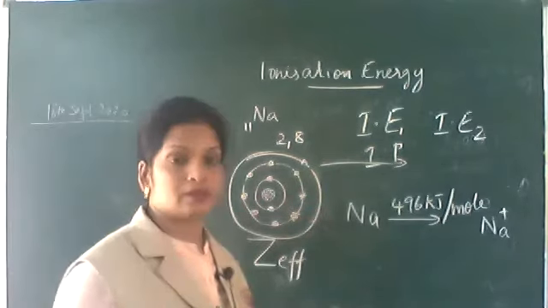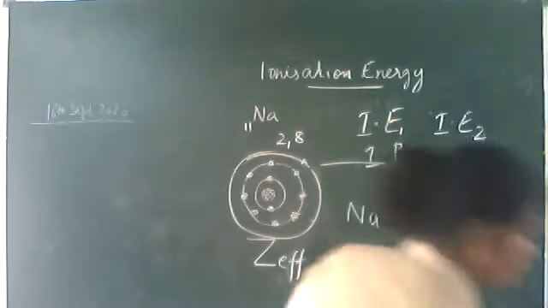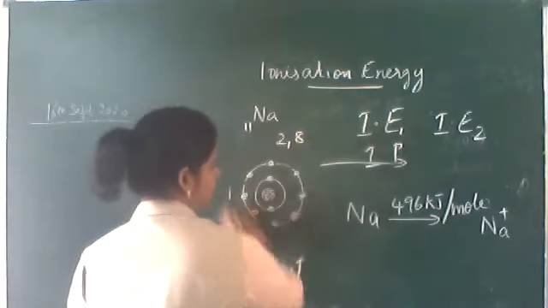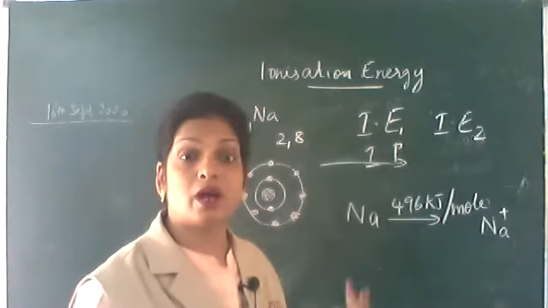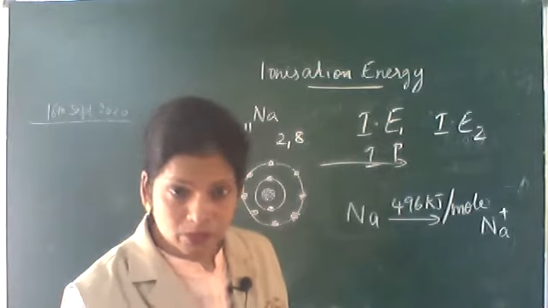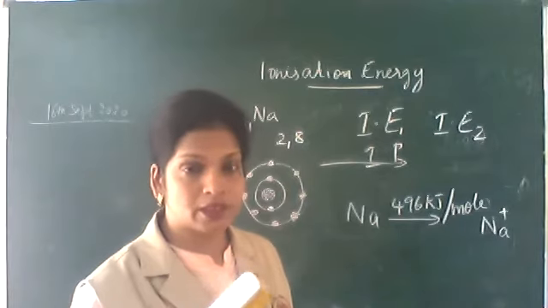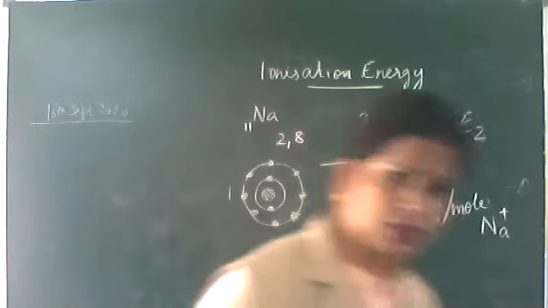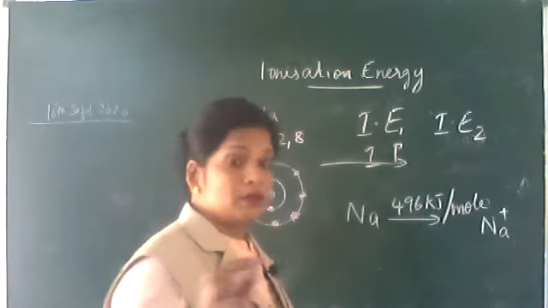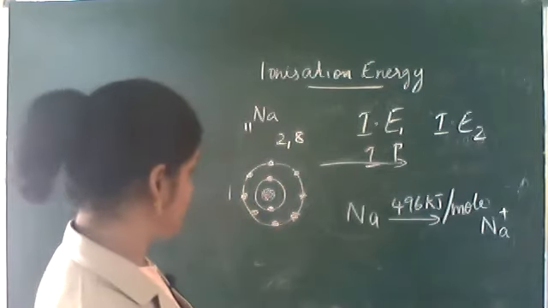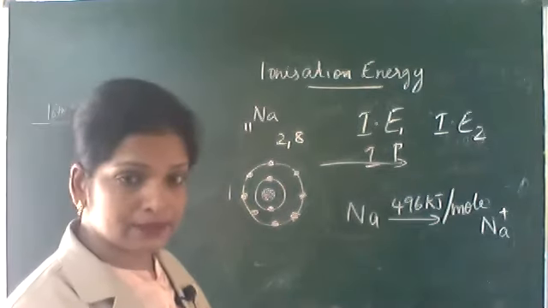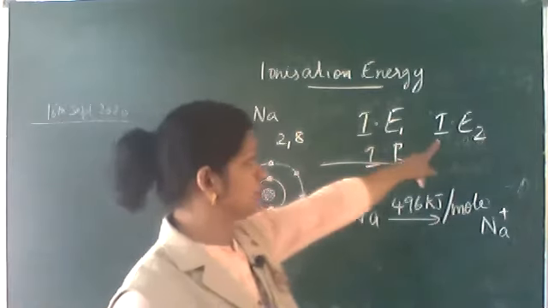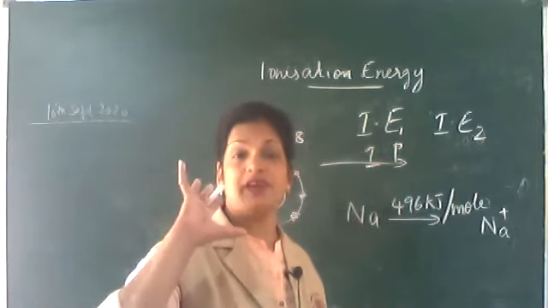Now sodium ion Na plus is formed. This is highly stable. To disturb this is not easy. You have to supply very high amount of energy. So to remove the second electron, that means IE2, has a very high value.